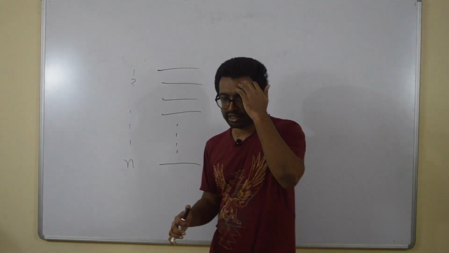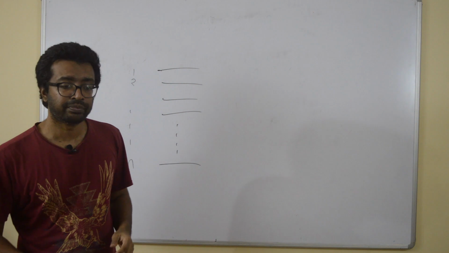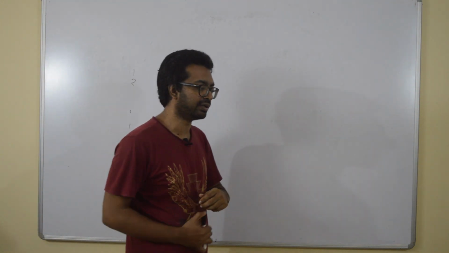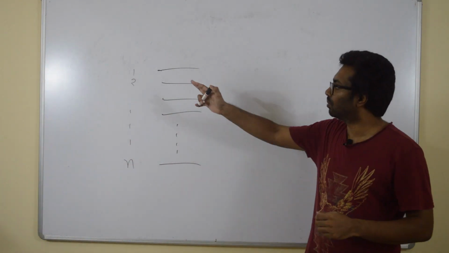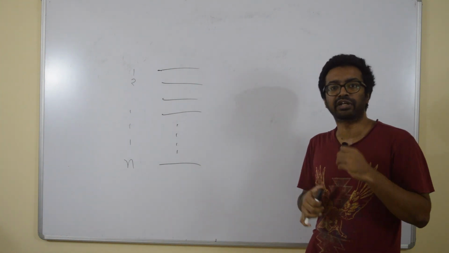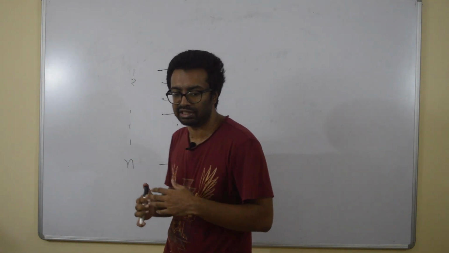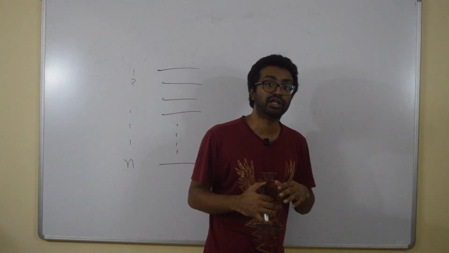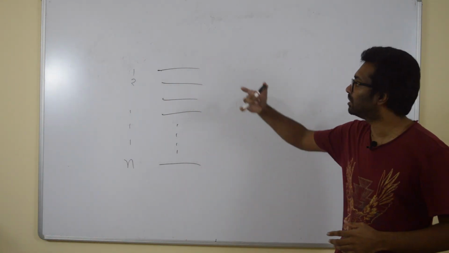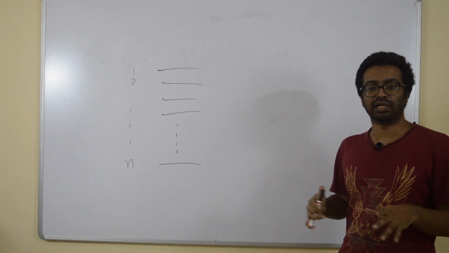So in that case, how many interactions are there? How many different interactions are possible in such a scenario? What do I mean by interaction? A change in one line can affect other lines.